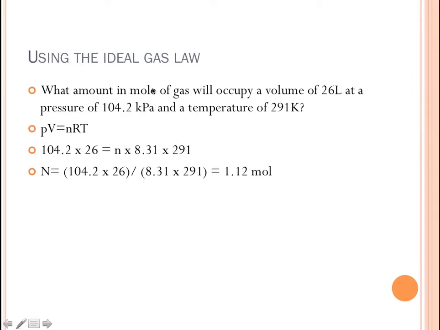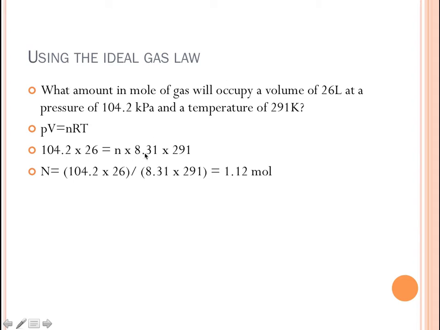So, if we want to use the ideal gas law, we would say what amount in mole of gas will occupy a volume of 26 litres at a pressure of 104.2 kilopascals and a temperature of 291 Kelvin. So PV equals nRT. We plug in our values from our question. n is our unknown, and 8.31.